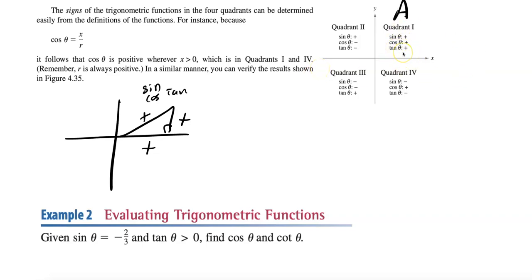In quadrant 2, we go left, it's negative, we go up, positive, and hypotenuse is always positive. Well, that makes cosine negative and also makes tan negative. So only sine is positive here. So they go S because only sine is positive. And keep on doing that.